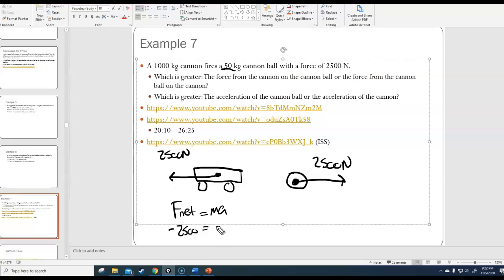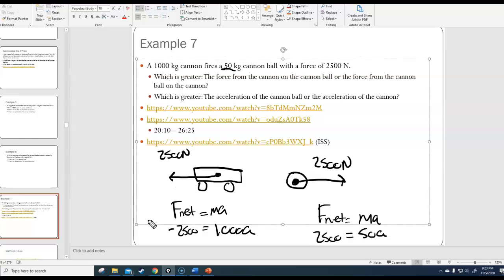The mass of the cannon was 1,000 kilograms. And for the cannonball, we do the same thing, but the mass of the cannonball was 50 kilograms. And the force here is also 2,500 newtons. So hopefully you see immediately what's going to happen: even though the forces are equal and opposite, they don't have the same outcome.